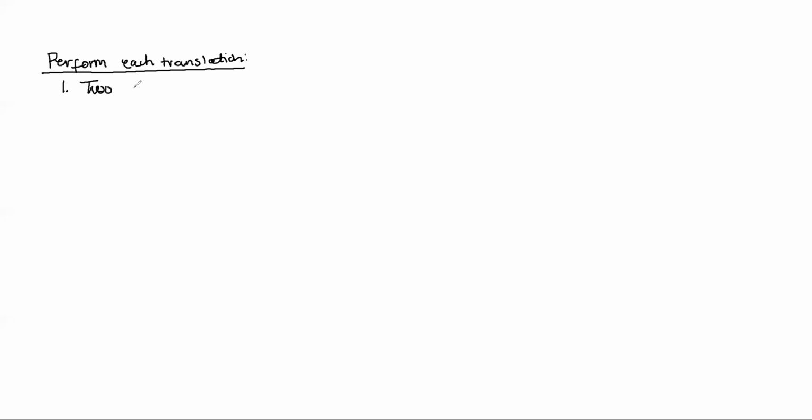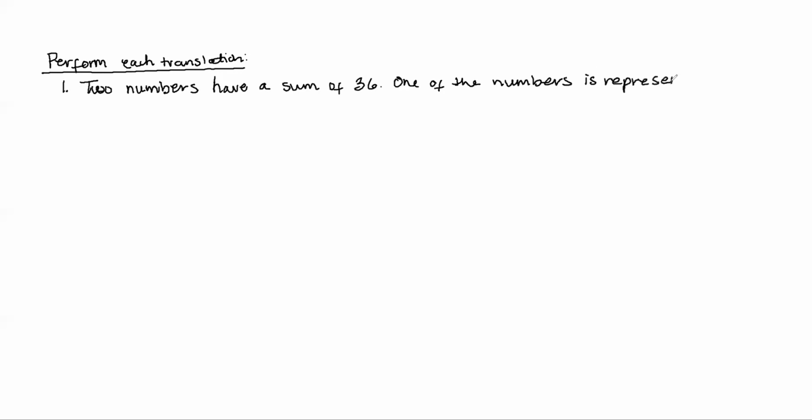So we're told that 2 numbers have a sum of 36. One of the numbers is represented by r, write an expression for the other number.